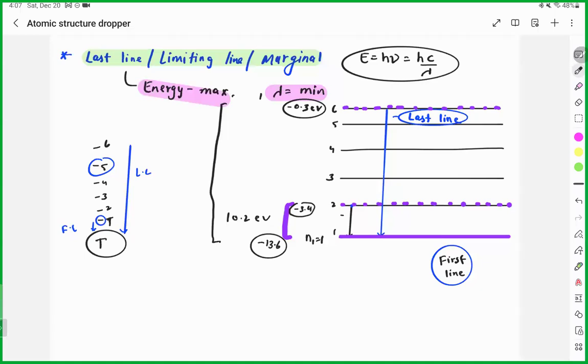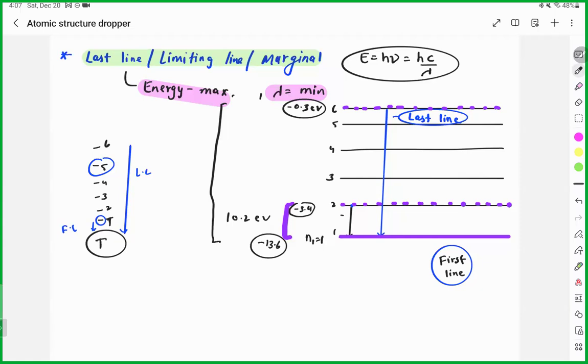Yeah. So this is really important. First line and last line you will understand. If it is coming from the first person, first line. If it is coming from the last person, last line. As simple as that. But the point is where you will have maximum energy and where you will have maximum wavelength.